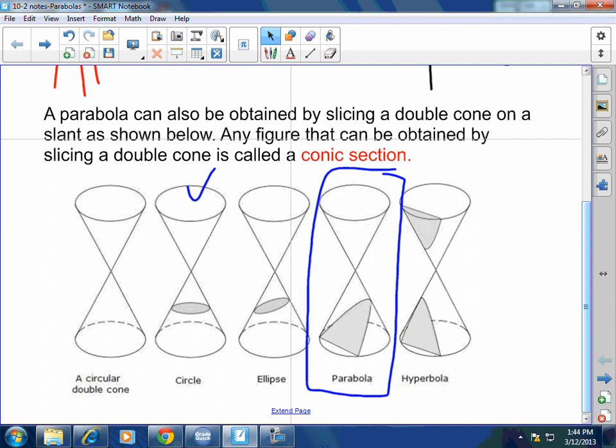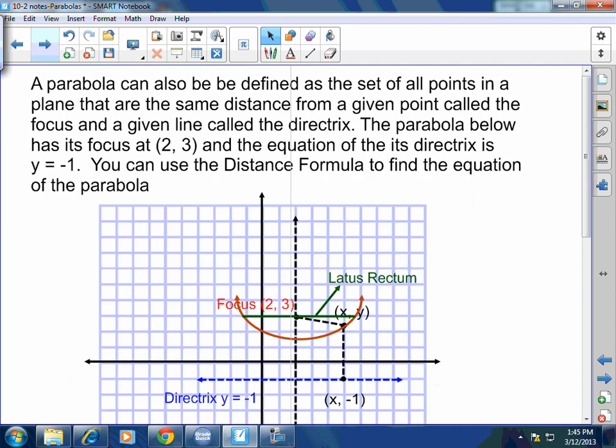All right, so how does this work? A parabola, whether it's a function parabola that's an x squared or a non-function parabola that's a y squared, can also be defined as the set of all points in a plane that are the same distance from a given point called the focus and a given line called the directrix.